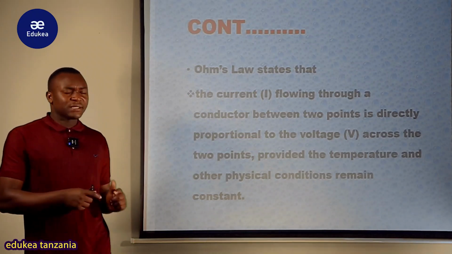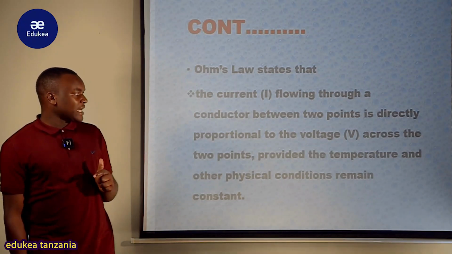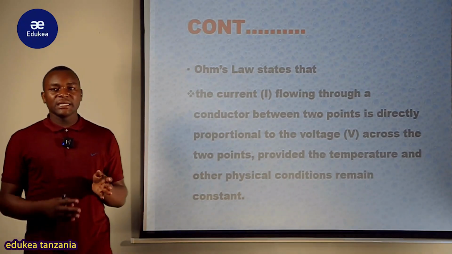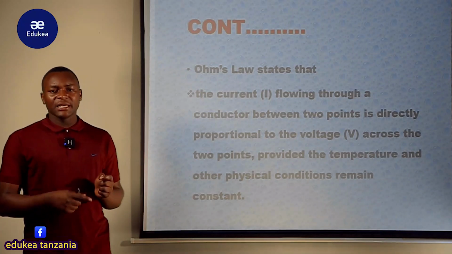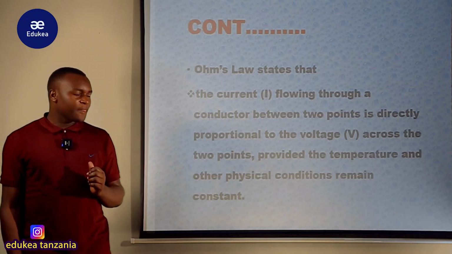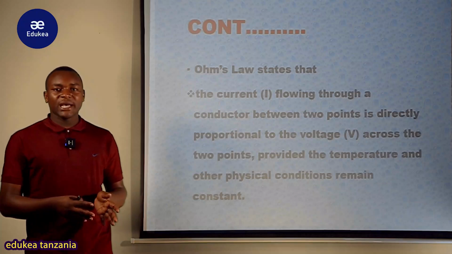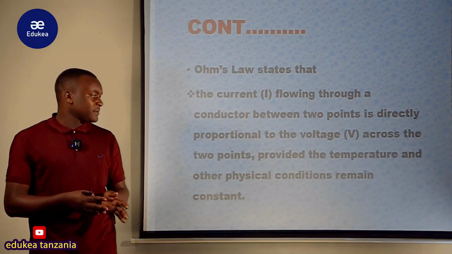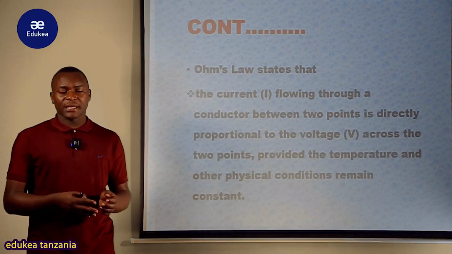the current (capital letter I) flowing through a conductor between 2 points is directly proportional to the voltage (capital letter V) across the 2 points, provided temperature and other physical conditions remain constant.